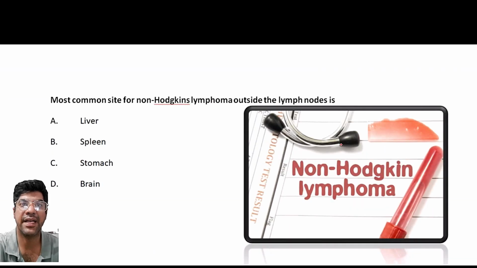The most common site for non-Hodgkin lymphoma outside the lymph node is the stomach. Non-Hodgkin lymphoma can indeed occur outside the lymph nodes, and one of the most common extranodal sites is the stomach.